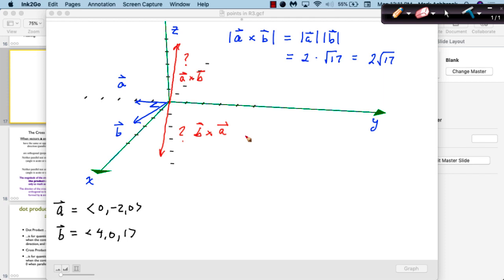So if we're doing A cross B, we're interested in this one that's pointing up and back, behind the screen. Okay, so that has some components, right? How do we get the components of that vector? How do we get the actual vector?